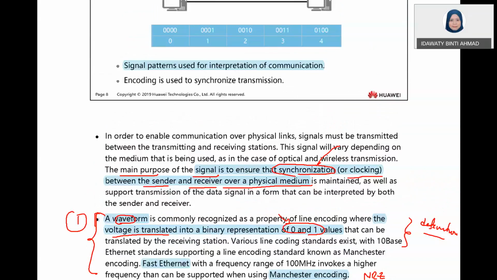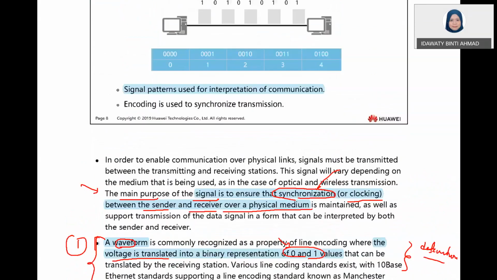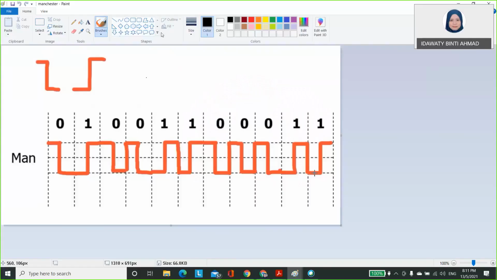Another part, the main purpose of this encoding, is to do synchronization. So what is meant by synchronization, this clocking part? You can see it here. This is the same figure that I used here.